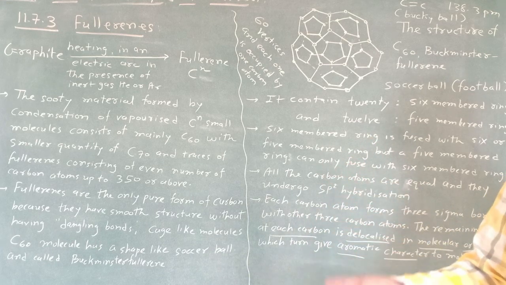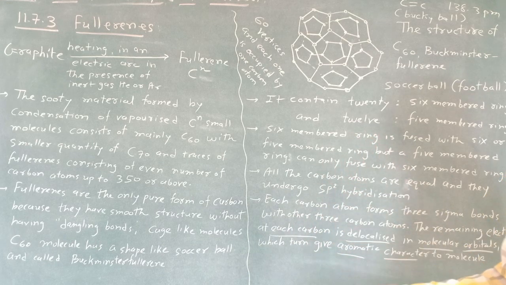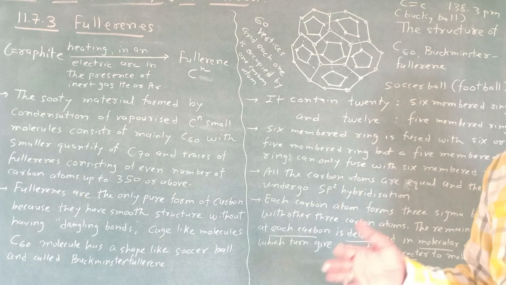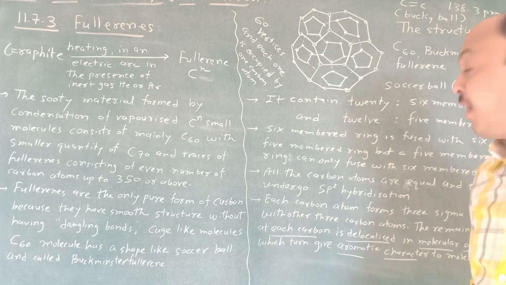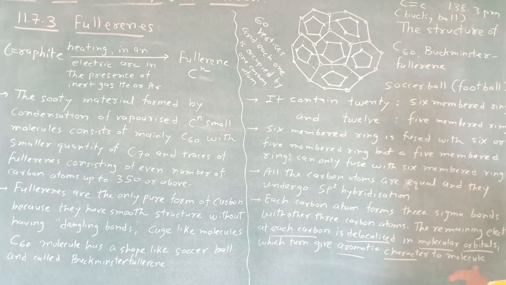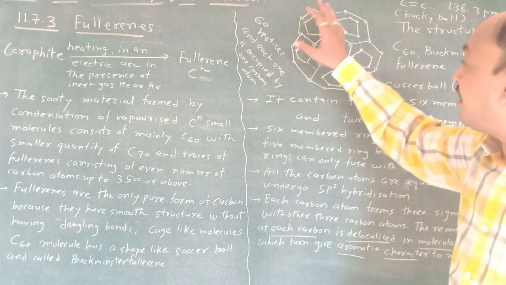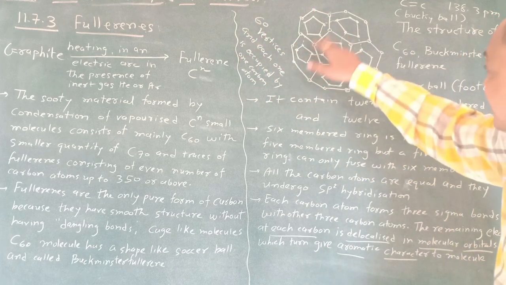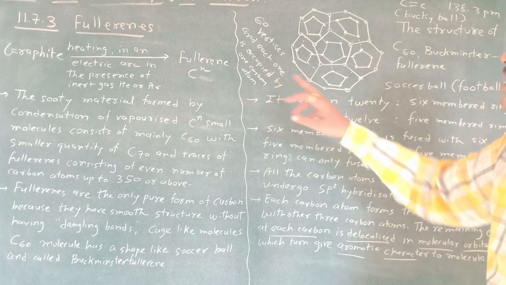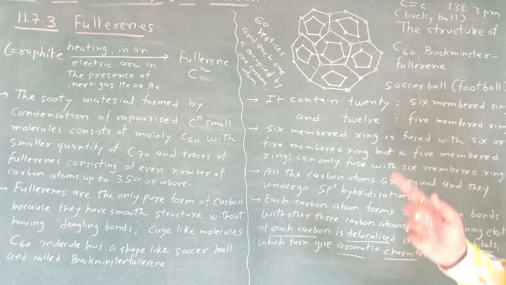Black fumes or black particles containing carbon are present. If there are white fumes, it is considered an aliphatic compound. But here these give aromatic character to the molecule. Here there are 60 vertices, and each one is occupied by one carbon atom.